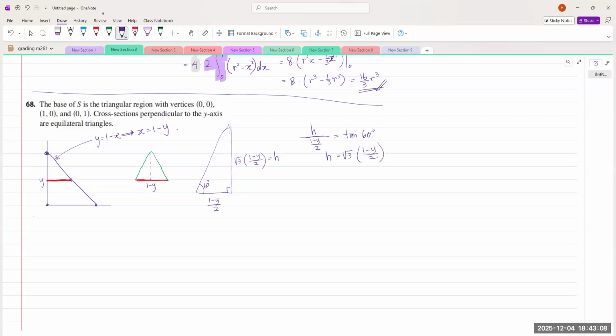I hope you see that. So this height here is radical 3 times (1 minus y) over 2. Therefore, the area of that triangle as a function of y will be 1/2 times the base times the height.